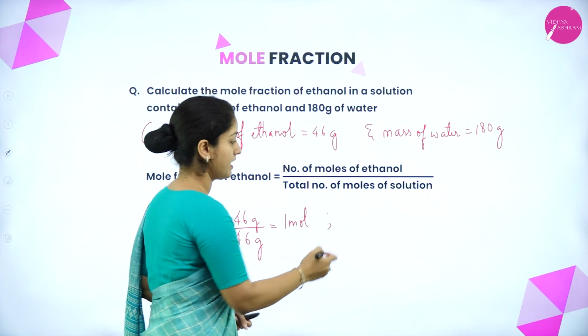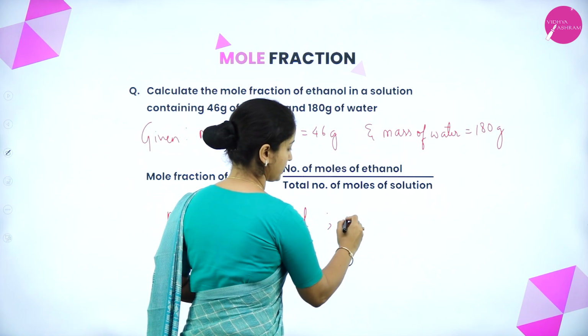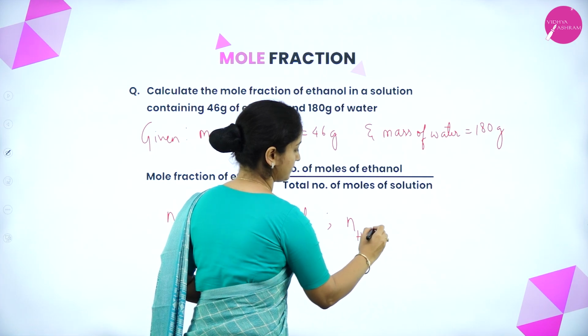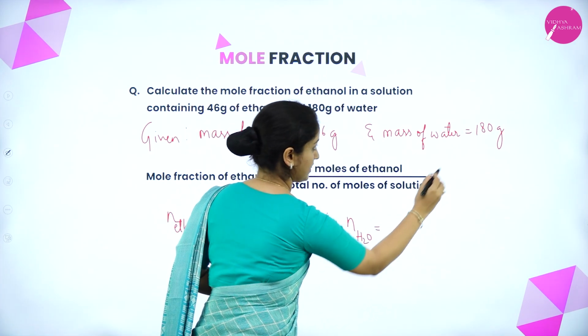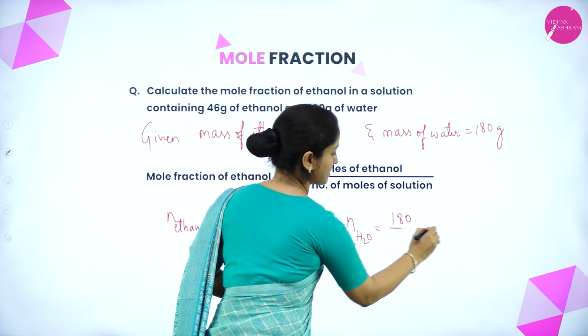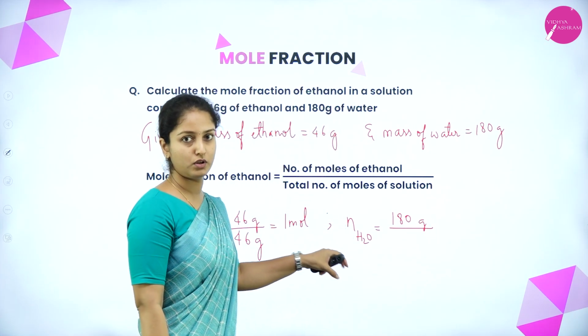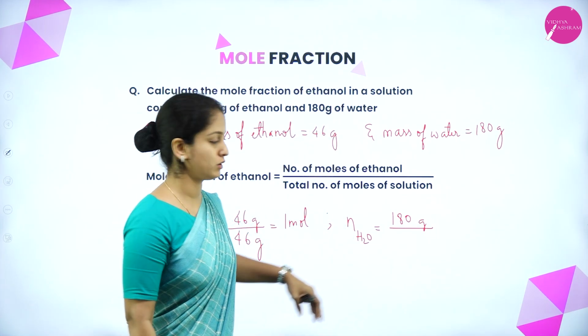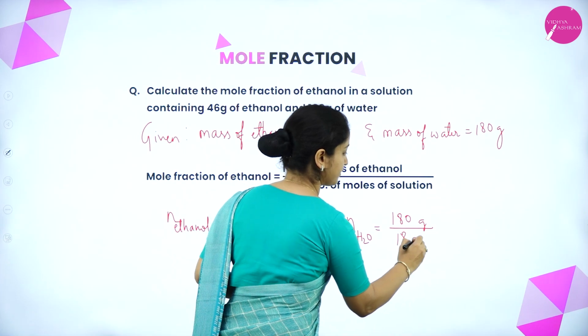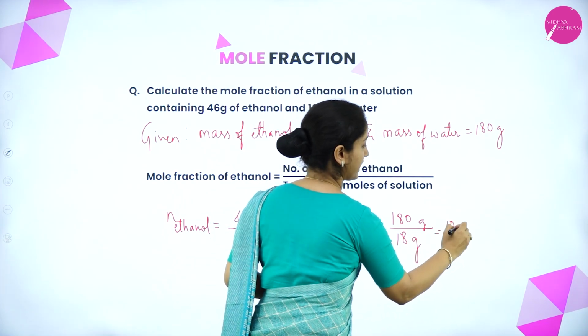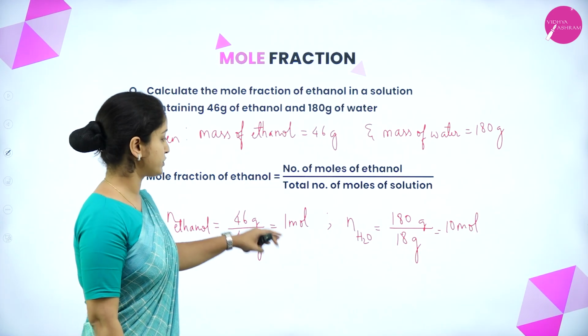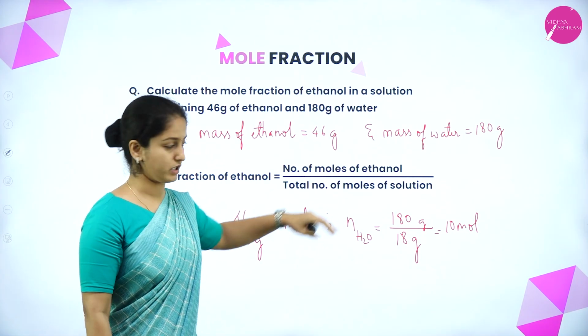Similarly, number of moles of water, that is H2O, is 180 grams divided by the molar mass of 1 mole of water, which is 18 grams. It gives 10 moles. Now substitute this answer into the equation.